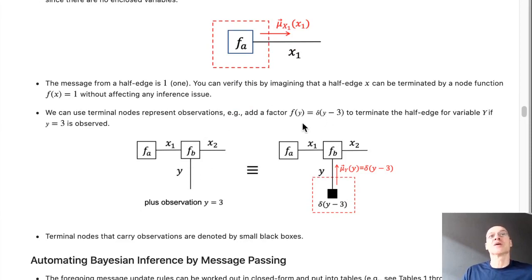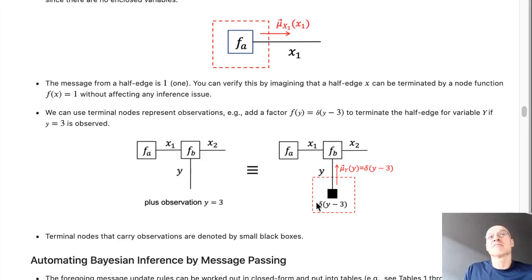What I can do is add a node on this end here, a node with probability distribution delta of y minus 3. So just a spike at y equals 3. My outgoing message will be delta, the Kronecker delta or the Dirac delta of y minus 3. So it sets y to 3.